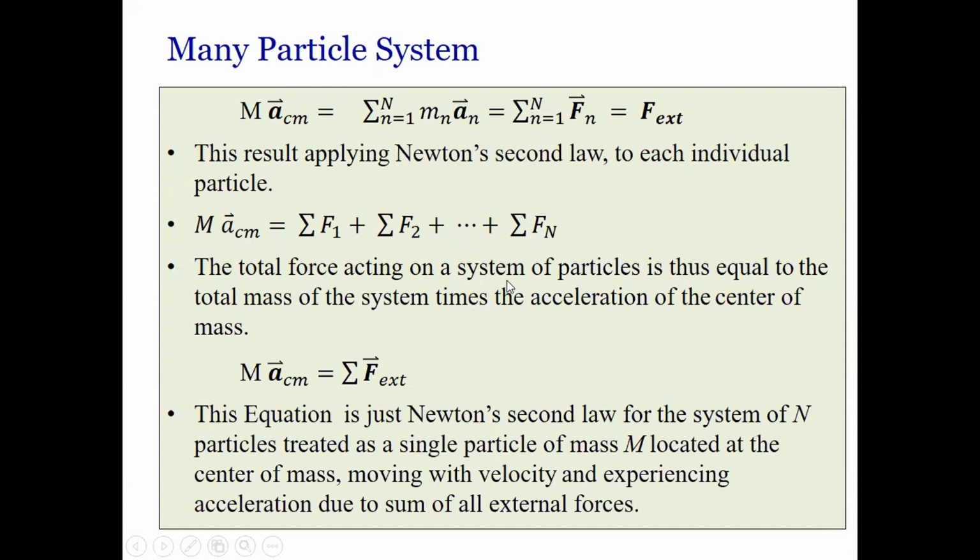The total force acting on the system of particles is thus equal to the total mass multiplied by the acceleration of the center of mass. And this is the equation which is just Newton's second law for the system of n particles. They are treated as a single particle of mass m located at the center of mass, which will be moving with the velocity and experiencing acceleration due to the sum of all external forces.